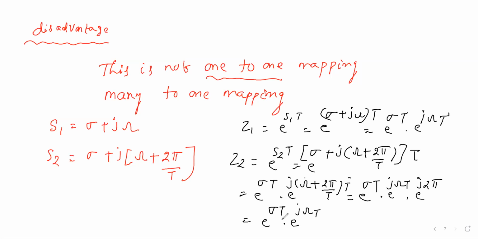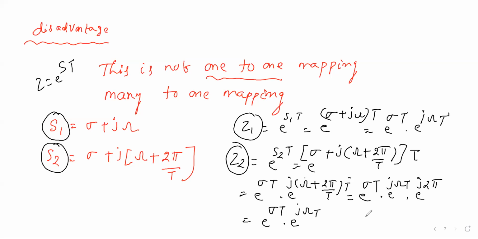Same, sir. But it must be different, no? Because S1 and S2 are two different poles in the analog domain. But when you are using this mapping, Z equals e to power st, we are getting the same pole in the digital domain.